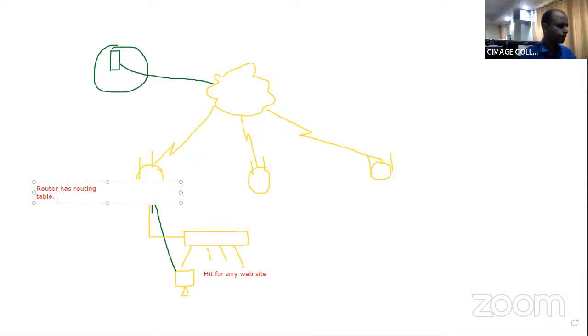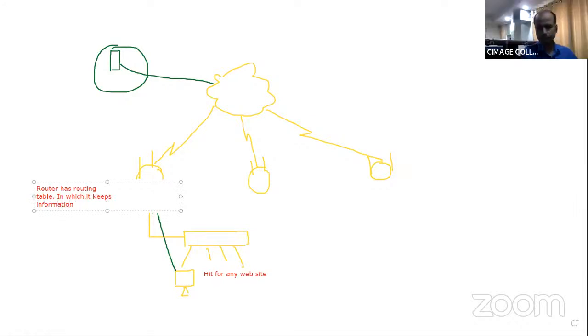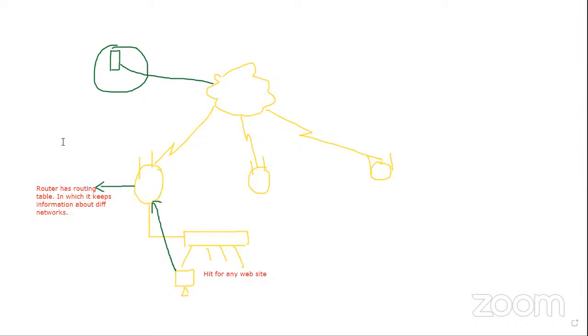And this information is kept in the routing table. Router has a routing table in which it keeps information about different networks. Okay, fine.